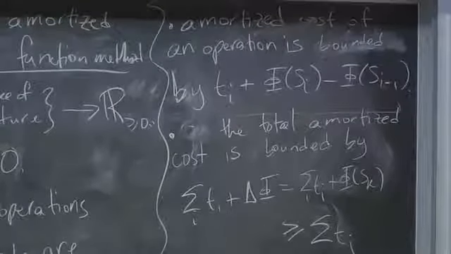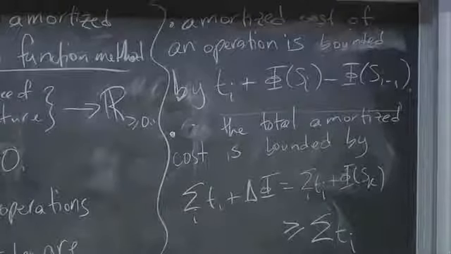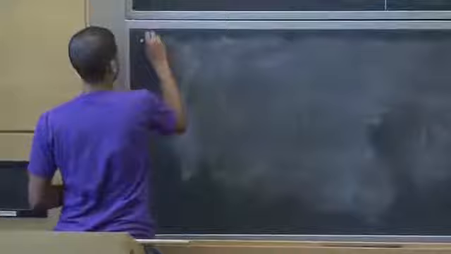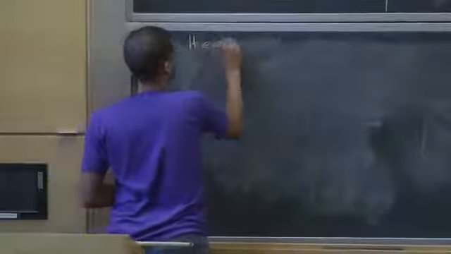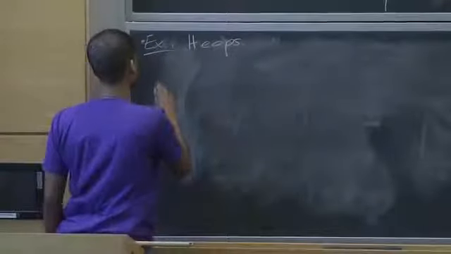Okay, so that was all kind of slightly abstract. So let's actually do this for something. I said we're going to look at Fibonacci heaps. Before that, let's just refresh our memory on heaps. So the example is heaps. A heap is an abstract data type. What does it support?